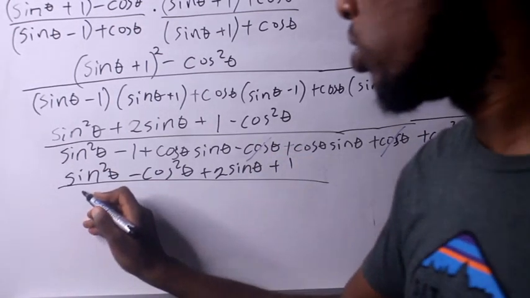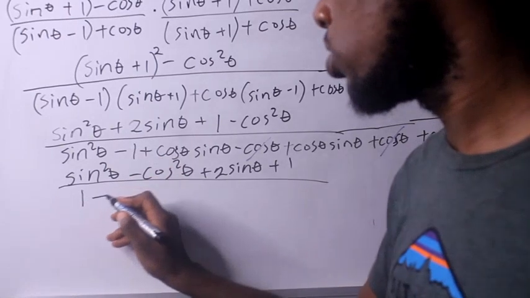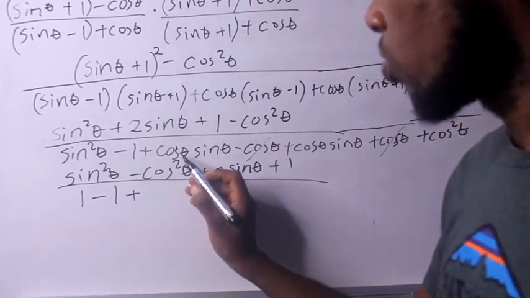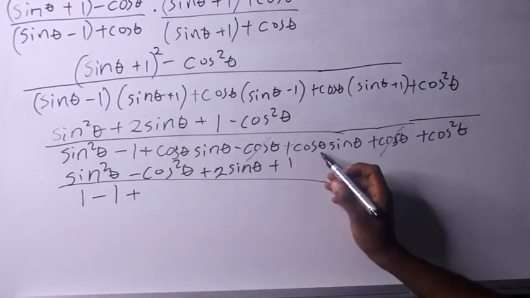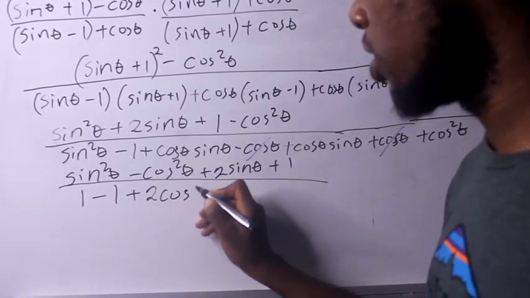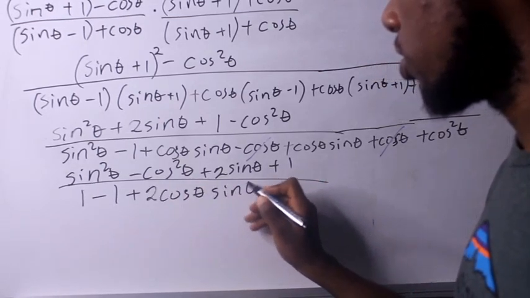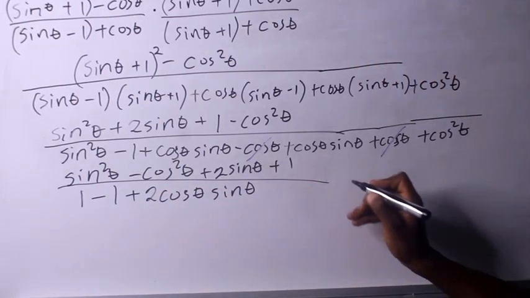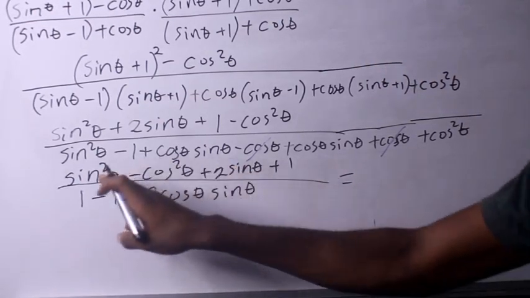So I'm just going to write 1, and then we have a minus 1 plus cos theta sin theta plus cos theta sin theta is 2 cos theta sin theta. That's all we have. And we can go right here to simplify this side.